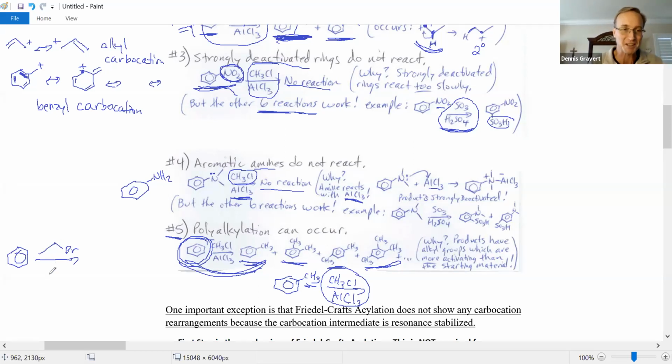There's no rearrangement here that will help stabilize the carbocation. Okay, if I say predict products, or how about predict all products? I will give you full credit if you only give me this structure. Because in the lab, you can make this the major product.